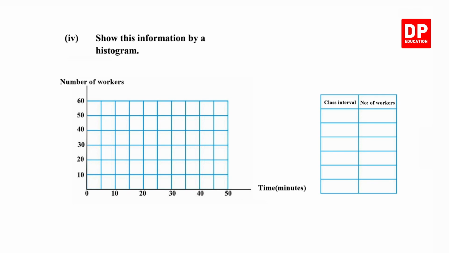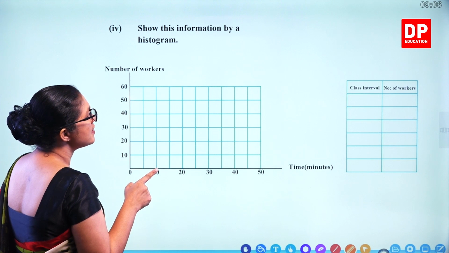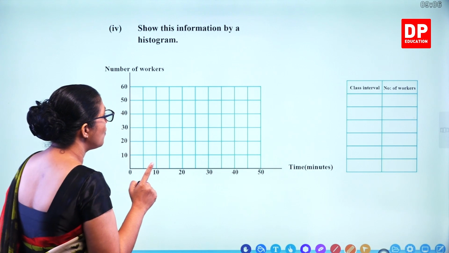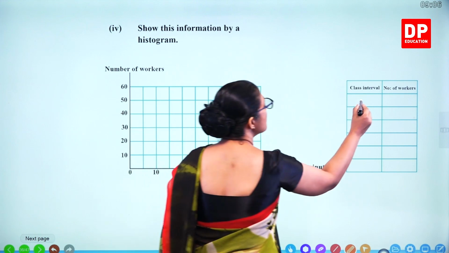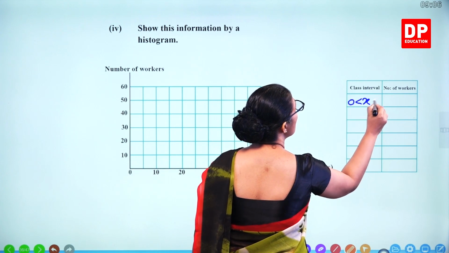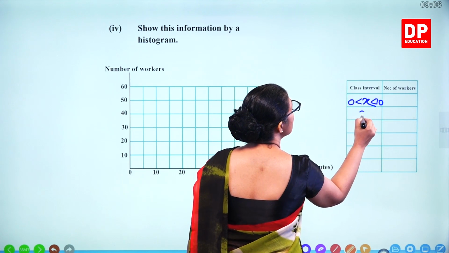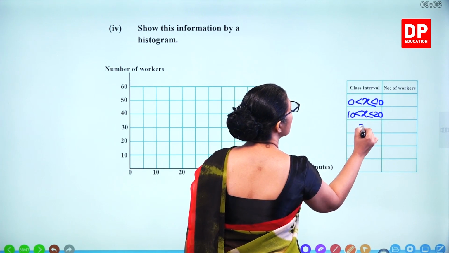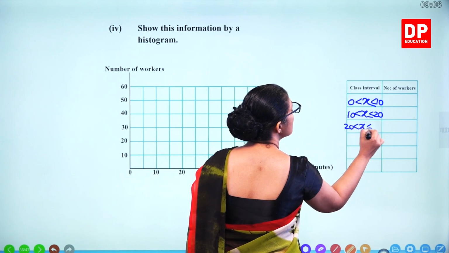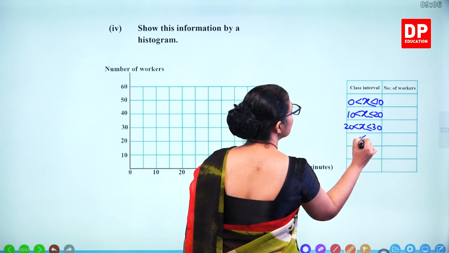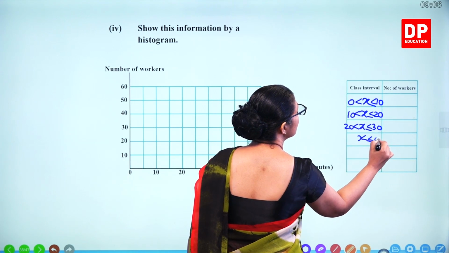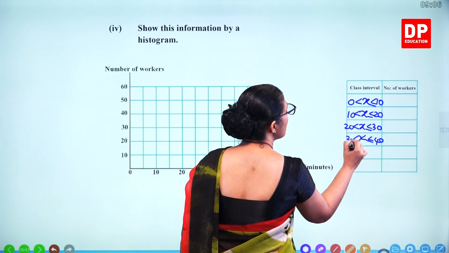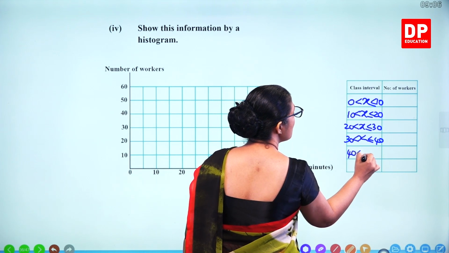Show this information by a histogram, number of workers and time. So we know these intervals. So X, we found out 10 to 20, 20 to 30, 30 to 40, 40 to 50.